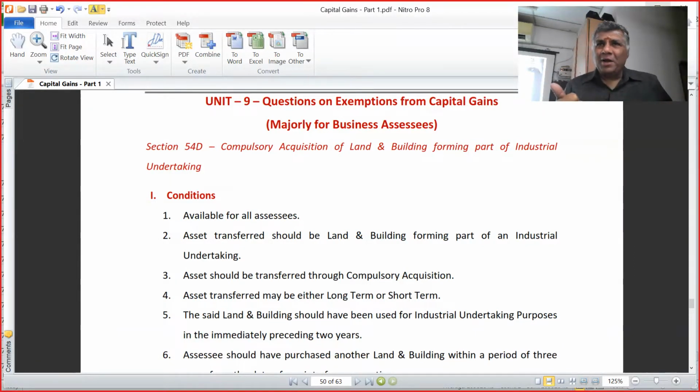For building, plant and machinery, intangibles, furniture, everything is a depreciable asset, so Section 50 will be the dominant section. So majority of the time, it will be a short-term capital asset. Am I clear to you? Are you okay? So short-term capital gain is what you should remember in these business circumstances.